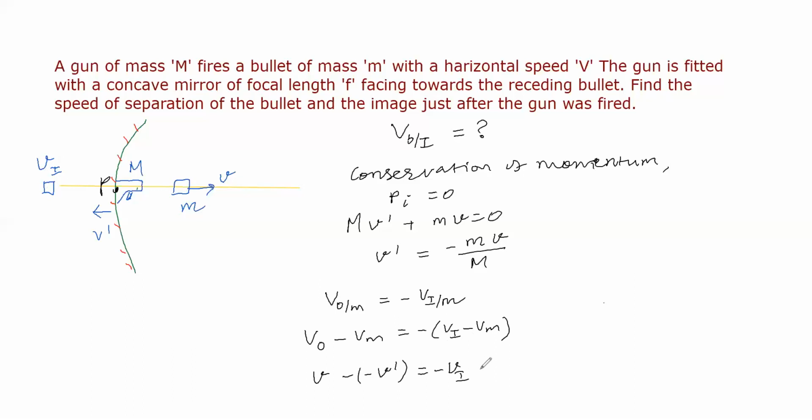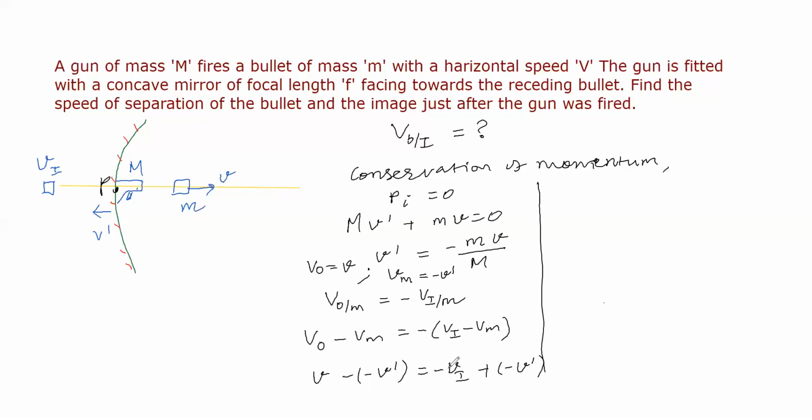Now we are taking this minus inside, so that minus minus plus comes, and the velocity of the mirror is minus v dash. Why do we take the velocity of the mirror as minus v dash? Given the velocity of the object, meaning the bullet, is v, the mirror moves opposite to the velocity of the bullet, so we take the velocity of the mirror as minus v dash, in the opposite direction. By substituting v dash we can get the velocity of the image.